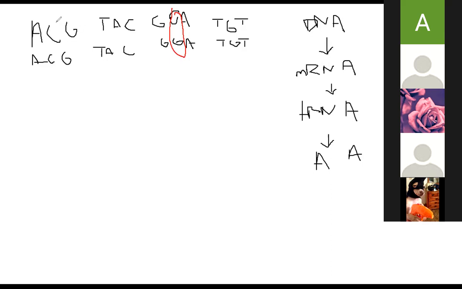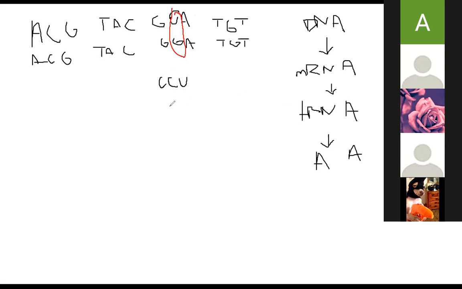If the original was GCA and he changed it to GGA, we need to first figure out what GCA actually codes for. So only looking at GCA, what is the mRNA for GCA, guys? CCU. Very good.